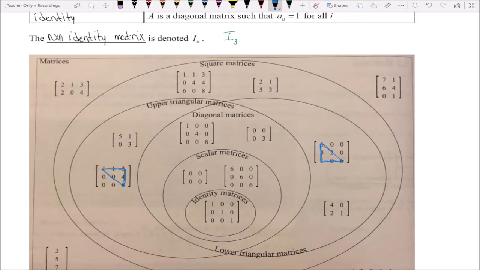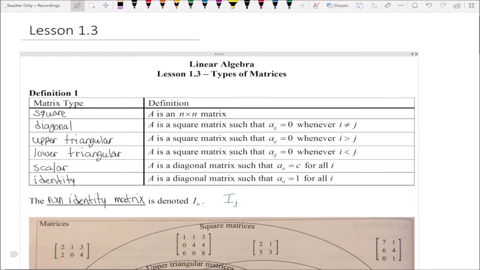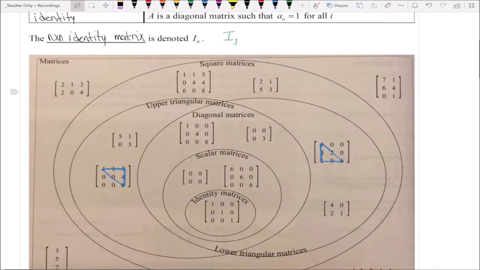Everything above that has to be 0. And finally, square matrices have the same number of rows as columns, and all of these special matrix types that we've studied are special cases of a square matrix.